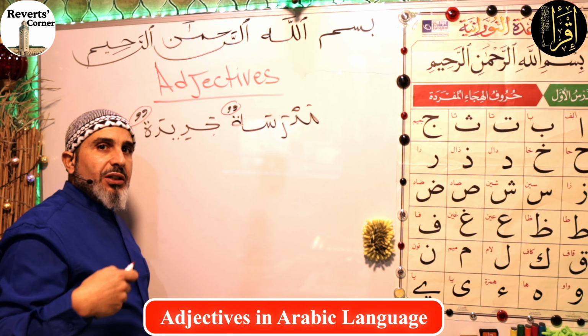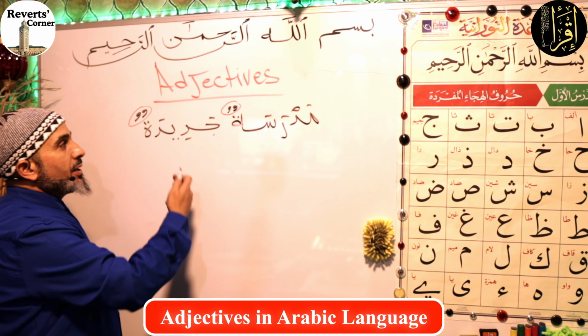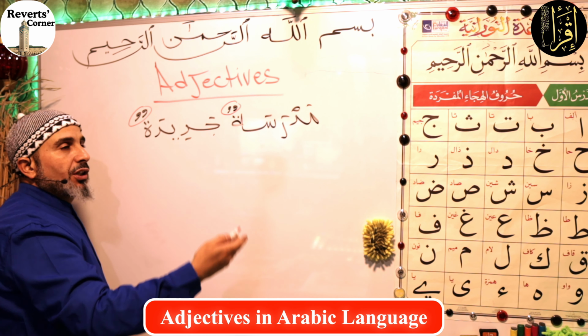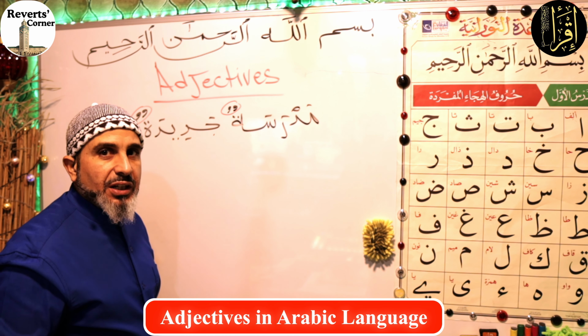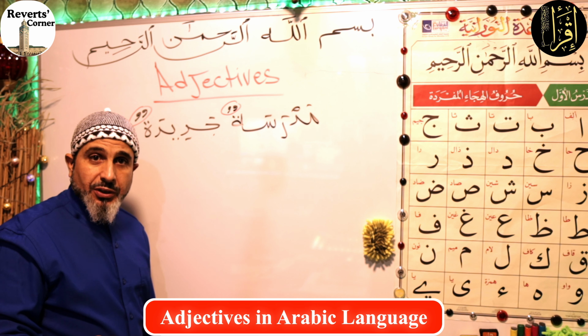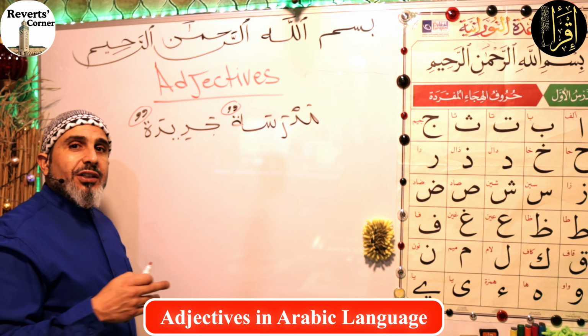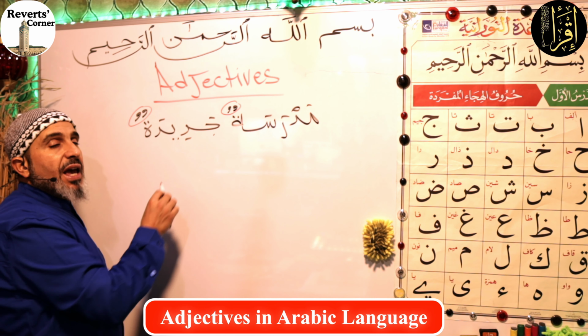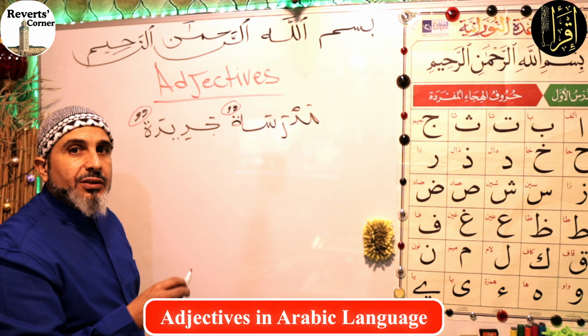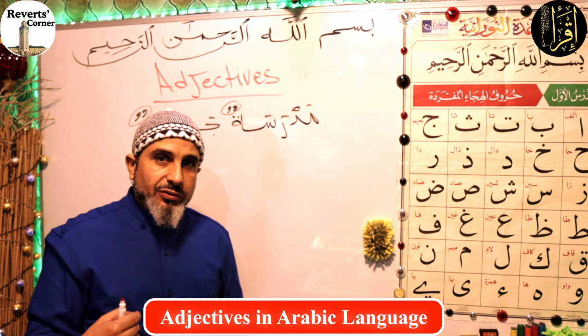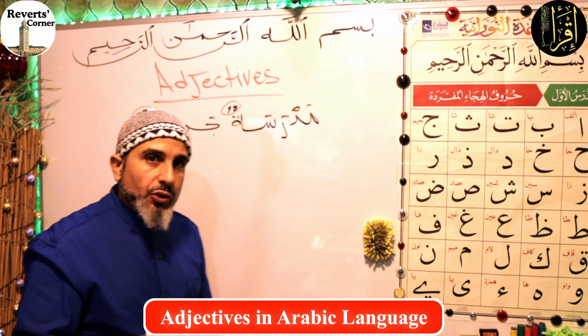Madrasatun is the one that is being described, jadidatun, a new school. Madrasatun is the mawsuf. Jadidatun is the na't, the adjective. The state of the feminine adjective matches the feminine state of the noun.